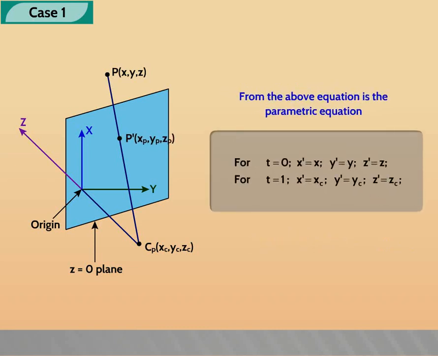The above equation is the parametric equation. For t is equal to 0, x dash is equal to x, y dash is equal to y, z dash is equal to z. For t is equal to 1, x dash is equal to xc, y dash is equal to yc, z dash is equal to zc.